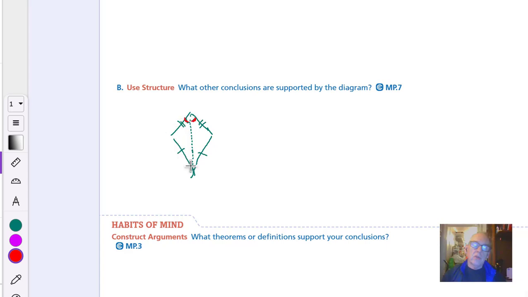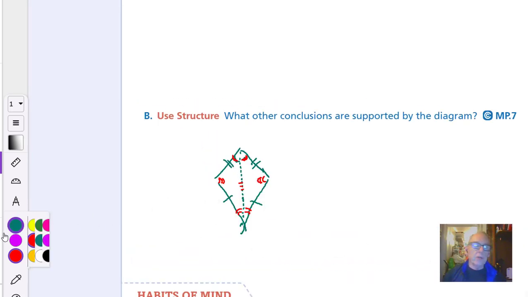Again, these two triangles are congruent because of side, side, side, which means that these corresponding angles are congruent because of corresponding parts of congruent triangles. And also these non-vertex angles are congruent because of corresponding parts of congruent triangles. But what we want to do for this exploration is look at what the minor diagonal does. So if this is the major diagonal, we call this the minor diagonal.